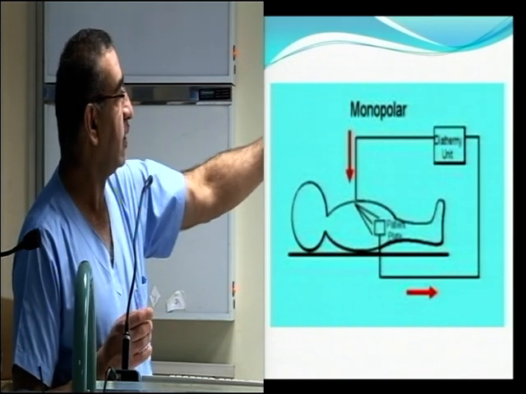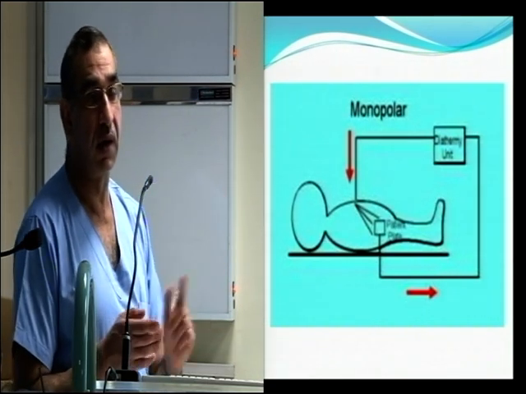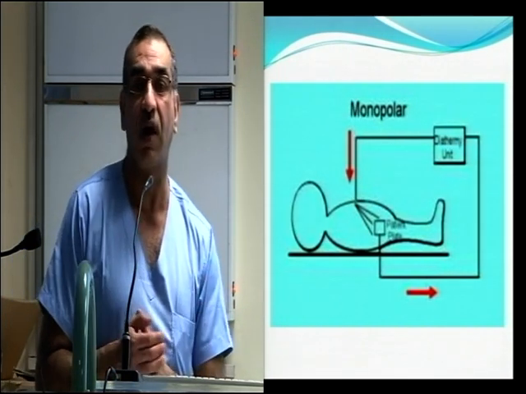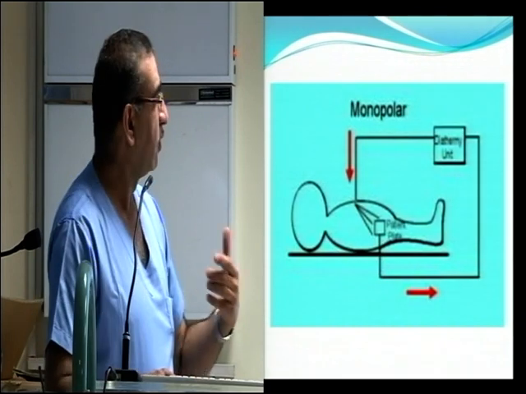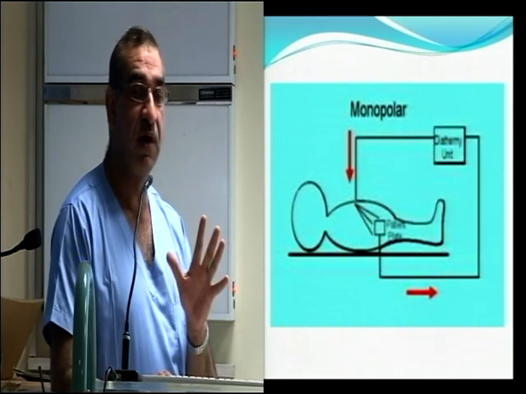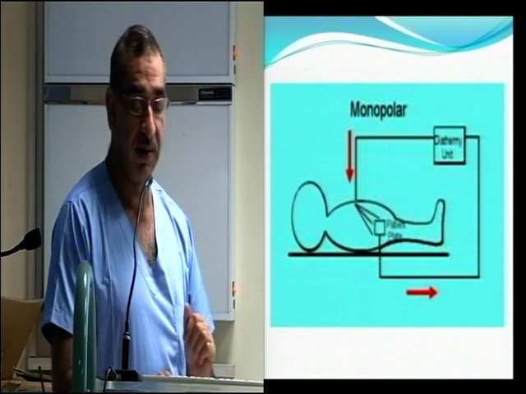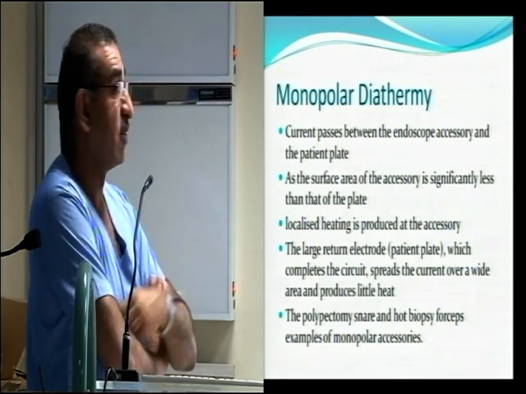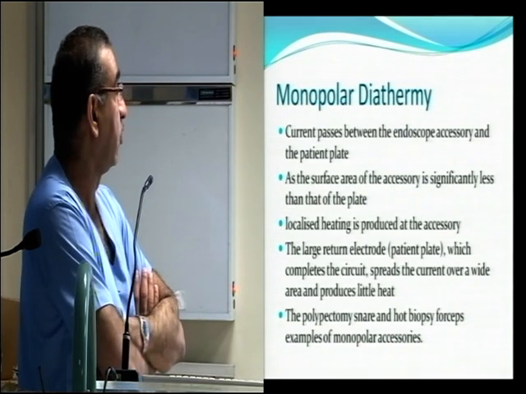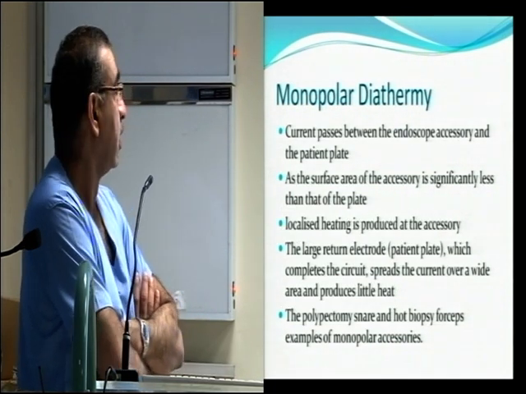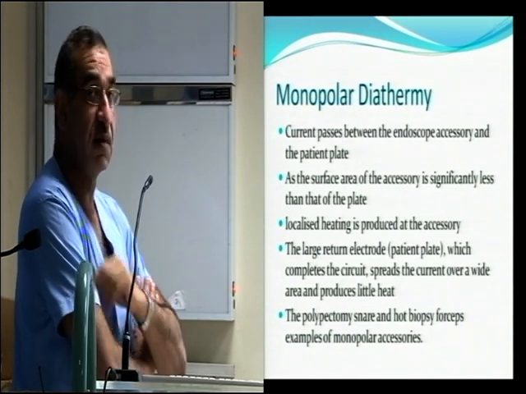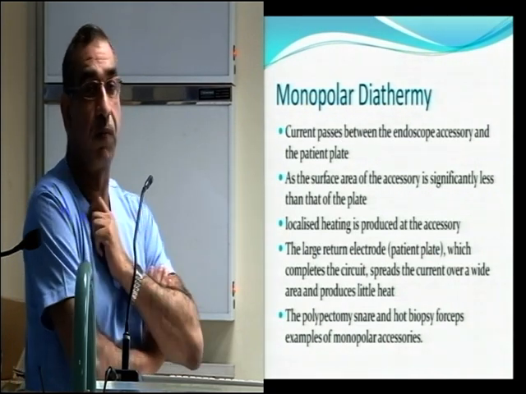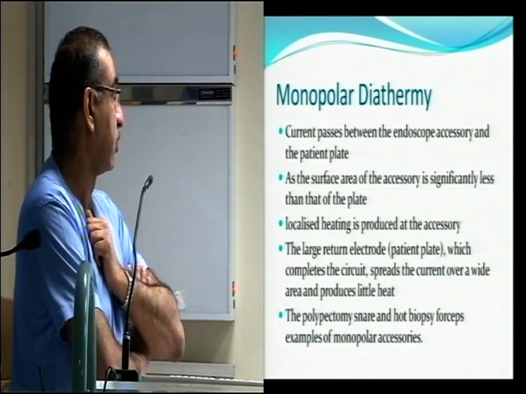And the circuit is completed by the tip of your diathermy appliance, which can be either a sphincterotome or a snare. It involves a lot of physics, but we need to keep it nice and simple. In monopolar diathermy, as you saw in the diagram, the current passes between the endoscope accessory and the patient plate, and the surface area of the accessory is much smaller, so you get heating there, and that is what produces the diathermy current and the localized heating.